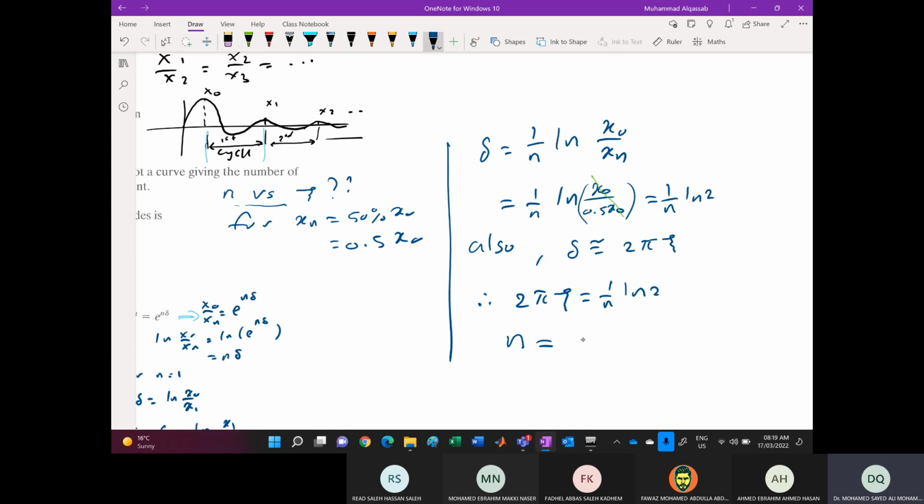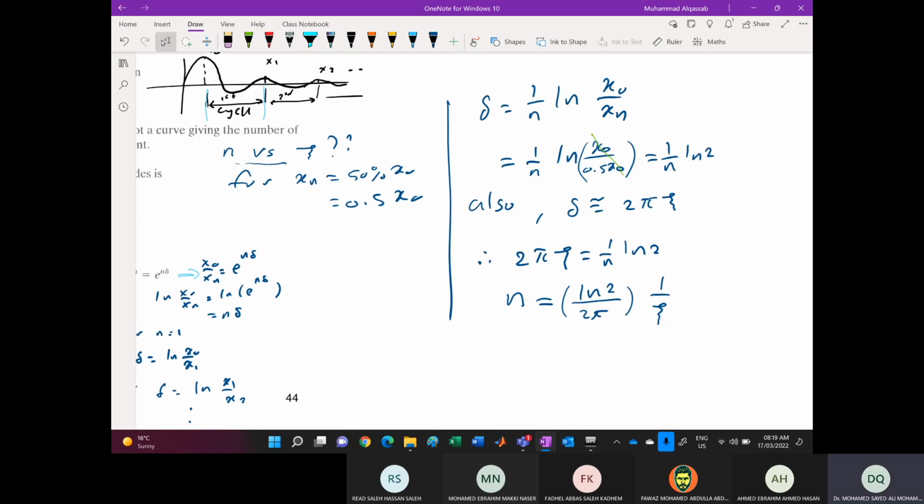So this will be ln 2 divided by 2 pi, multiplied by 1 over zeta. Okay, so ln 2 over 2 pi is, I think, 0.11.